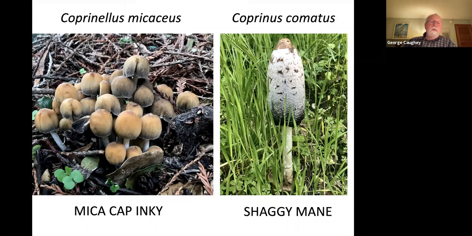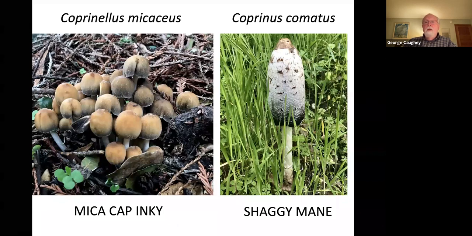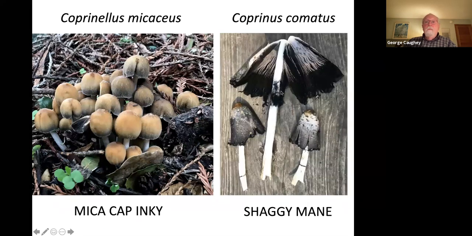You often see these tightly clustered mica cap inkies in Huddart and Wunderlich, often growing on buried wood, and then the shaggy mane, so characteristic, turning into ink. It's another inky cap, turning into ink at its base. And I took this one and a couple of his partners, and showed you how it's turning into ink.